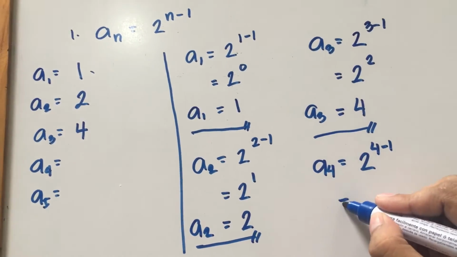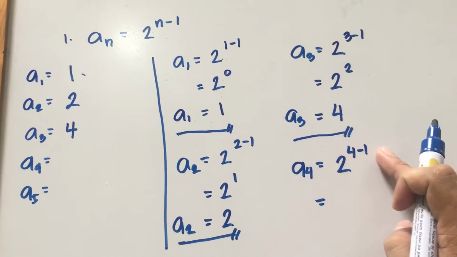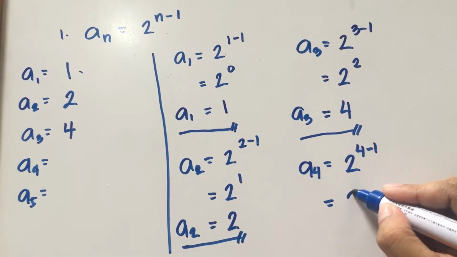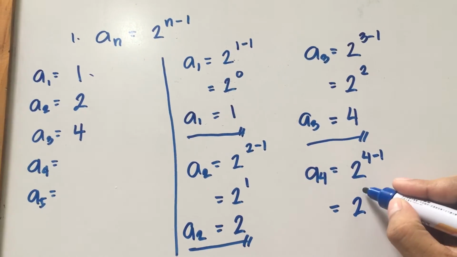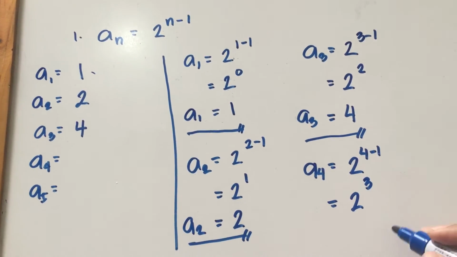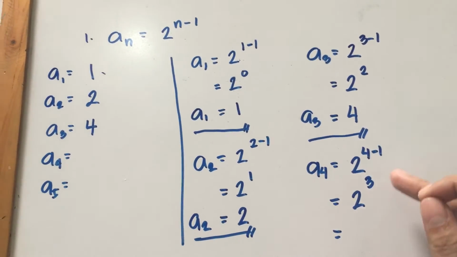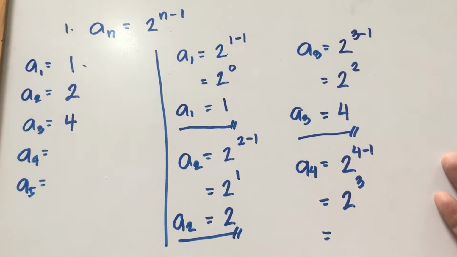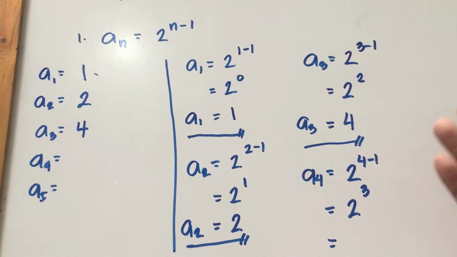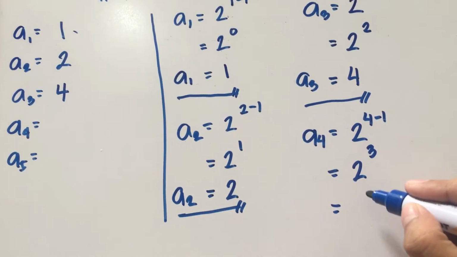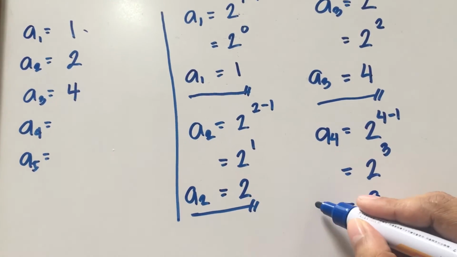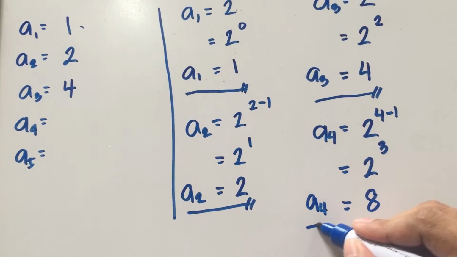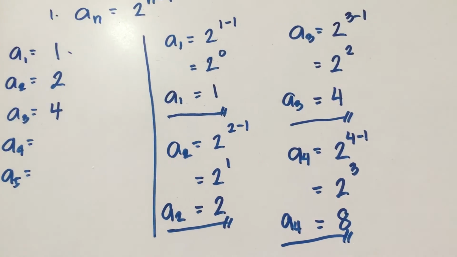We simplify the exponent first: 4 minus 1 is equal to 3. What is 2 raised to the power of 3? That is 2 times 2 times 2. 2 times 2 is 4, and 4 times 2 is equal to 8. So your a sub 4 is equal to 8.